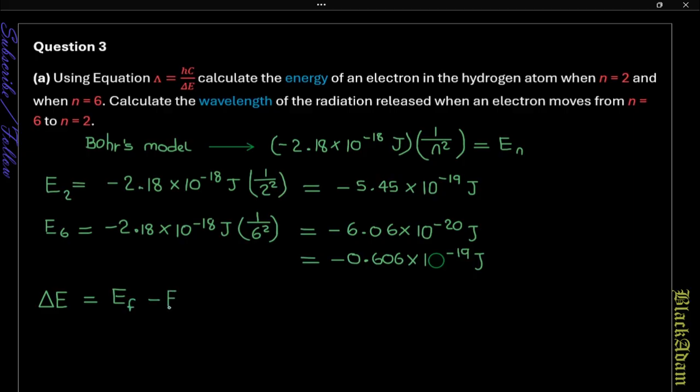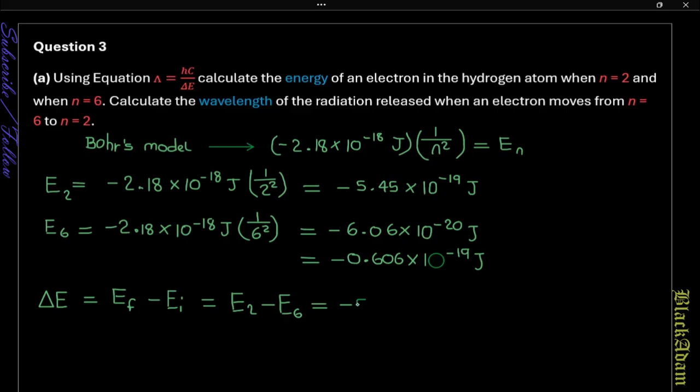So that's going to be the change in energy. It's going to be energy final minus energy initial. Remember, n equals 2 is final and n equals 6 is initial. So that means we have E2 minus E6.